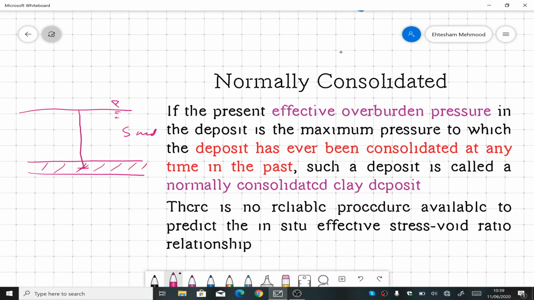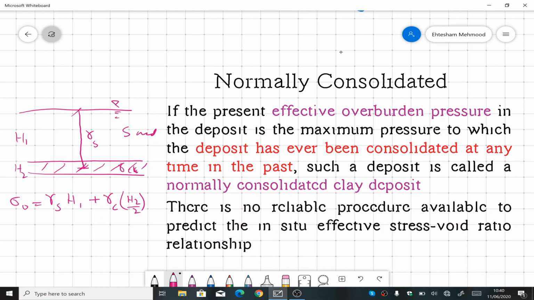If gamma S is sand unit weight, H1 is thickness of the sand, H2 is thickness of the clay layer, and gamma C is the unit weight of the clay, then sigma naught at the current time when you are planning to construct would be equal to gamma S into H1, that is height of the sand, plus gamma C into H2 by 2, because we are finding the overburden pressure at the center of the clay layer. So this is the current overburden pressure sigma naught.